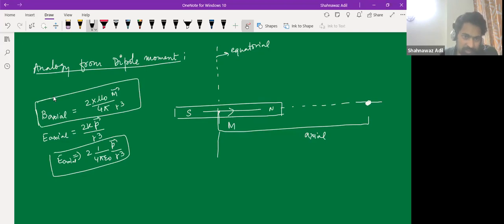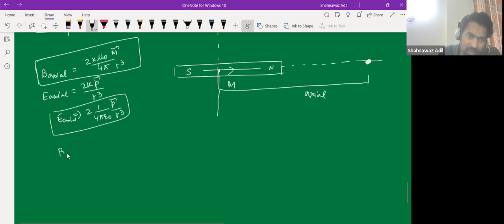Similarly, B equatorial would be how much? B equatorial would be mu naught by 4 pi, analogous to E equatorial.